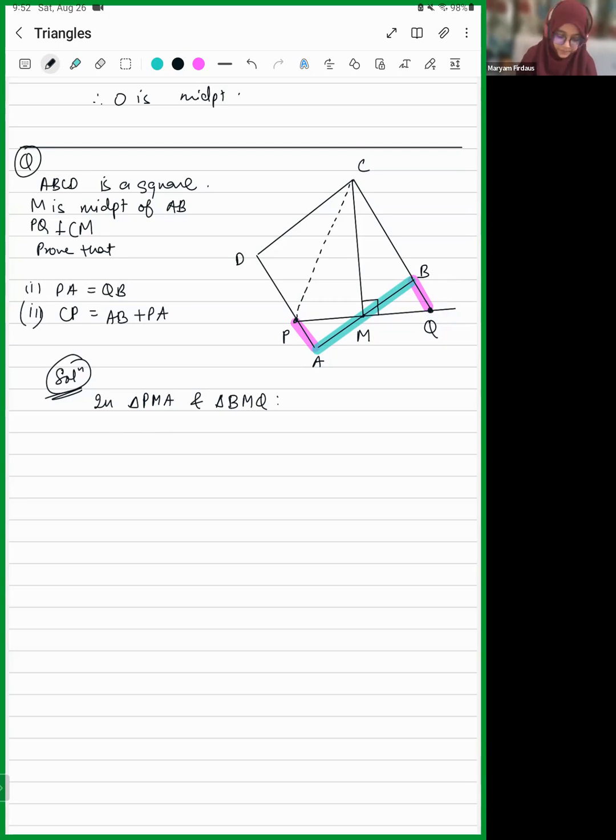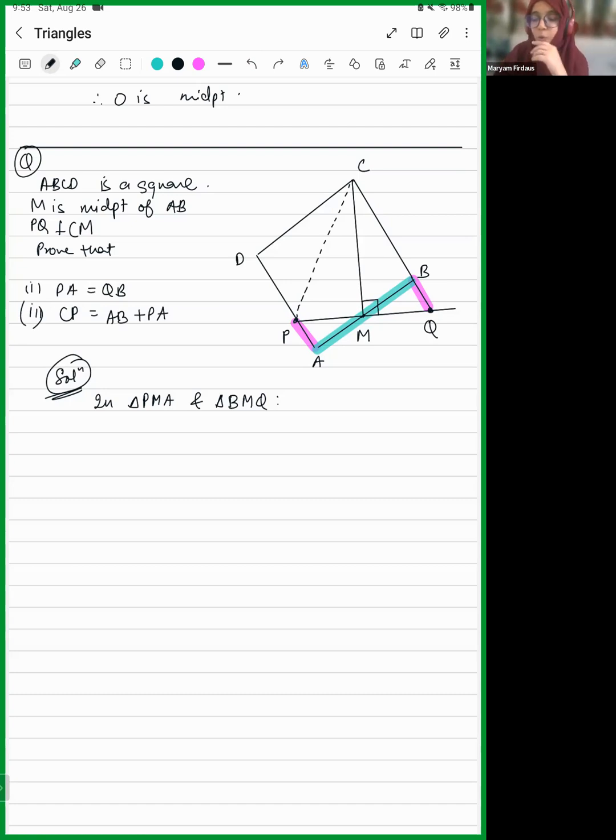First, let's think about what all we need. Ma'am, we need to prove that AB is a straight line and PQ is a straight line.